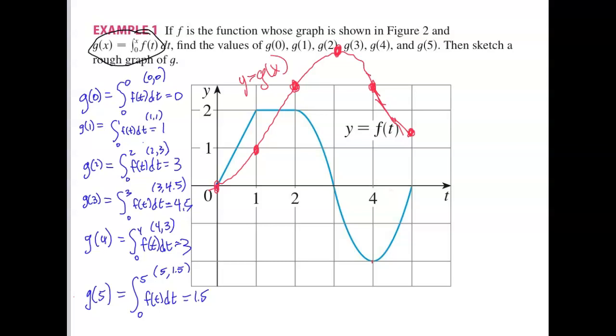Look at the relationship between g and f. Here, f is crossing the x-axis from going from positive y values to negative y values, right? What's going on with g at that point? What do we call this? A max? Right?